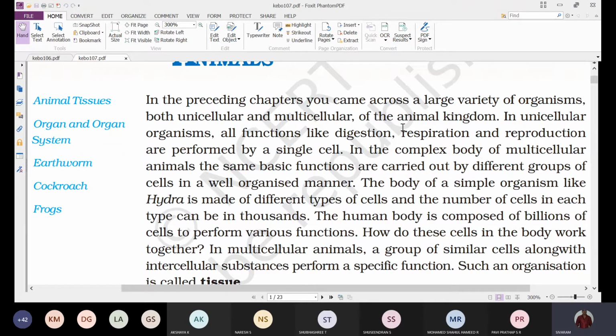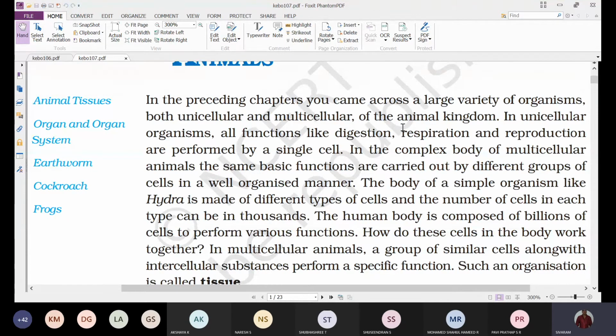In unicellular organisms, all functions like digestion, respiration, and reproduction are performed by a single cell. Whatever physiological activities are performed by a multicellular organism at the organ and organ system level, the same physiological functions we will observe at a unicellular level also.